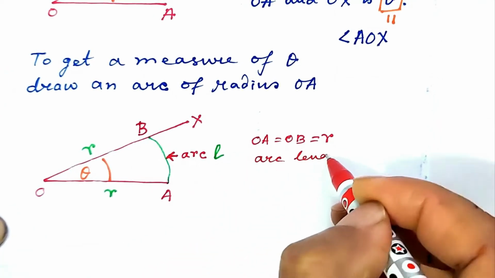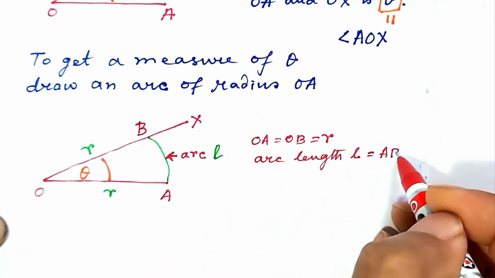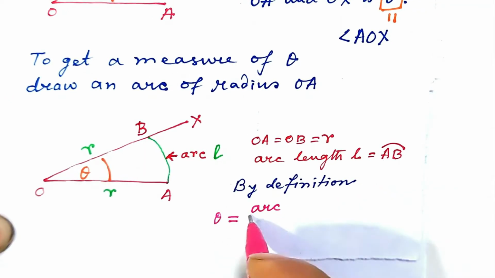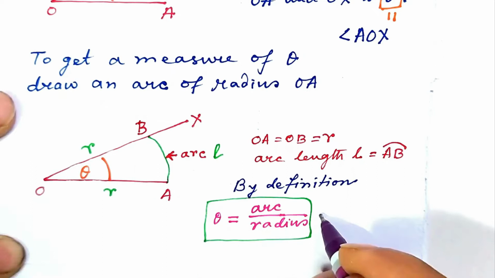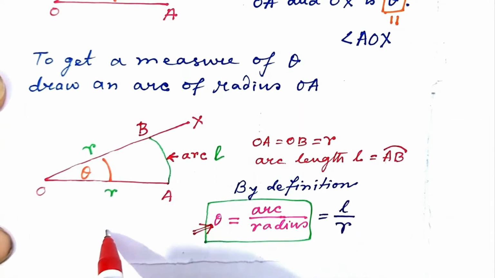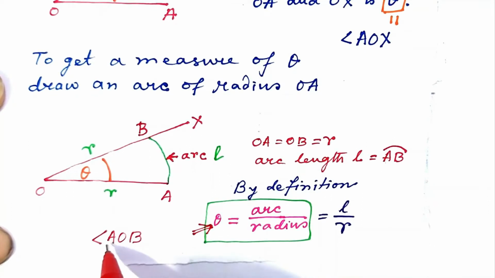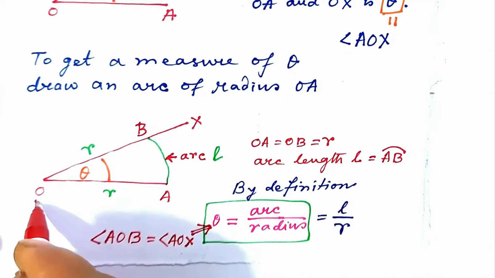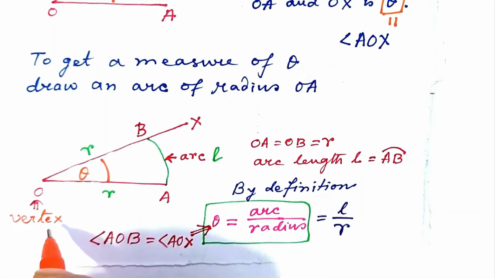So, arc length is L, which is arc AB. By definition of angle, theta is arc by radius, that is L by R. Let us mention that theta is angle AOB, or equivalently the angle AOX. Let us call the point O the vertex point.